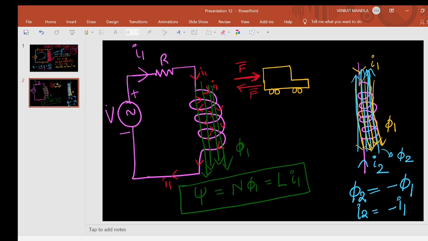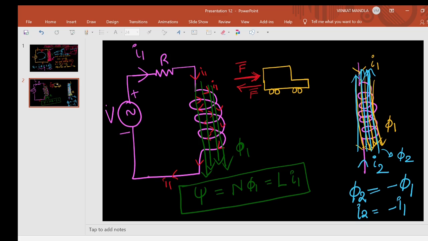Similarly, in terms of flux, because of this initial I1, flux pi 1 is produced in the downward direction. But in order to oppose this, a pi 2 flux will be produced in the upward direction.